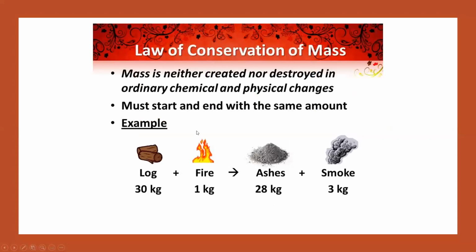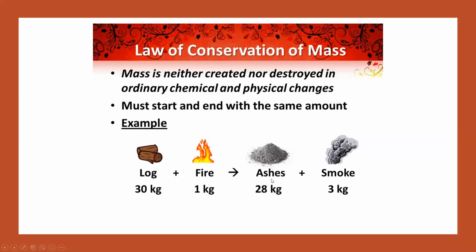In a chemical reaction, the mass cannot be created or destroyed. In other words, this is the law of conservation of mass. So if you have 30 kilograms of wood plus 1 kilogram of fire, at the end you have how many? 31 kilograms in the reactants.